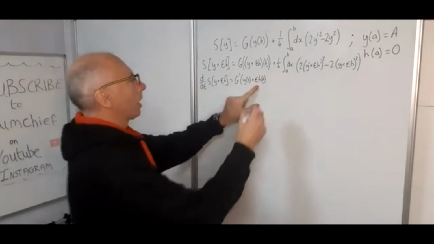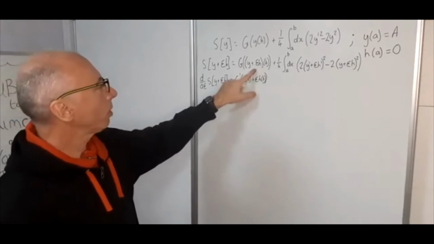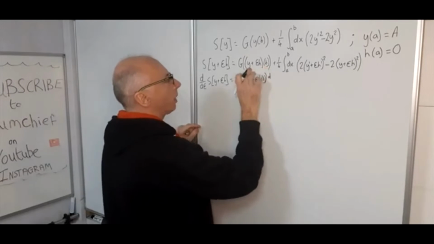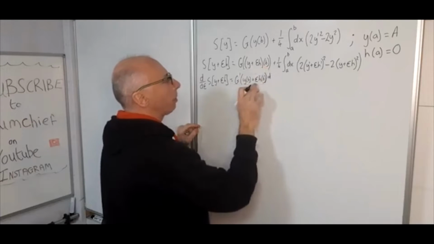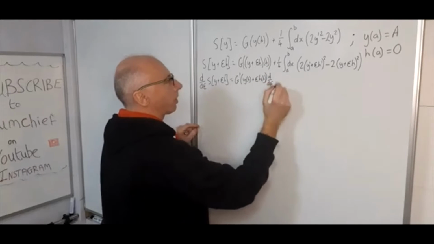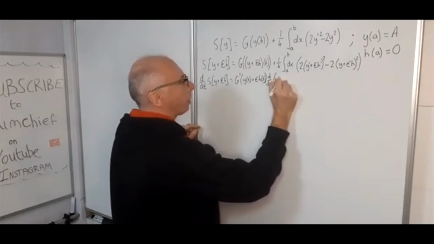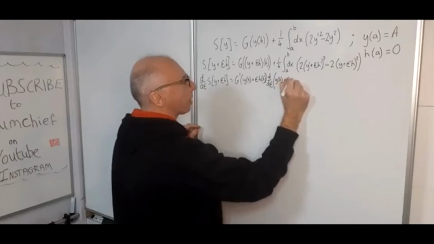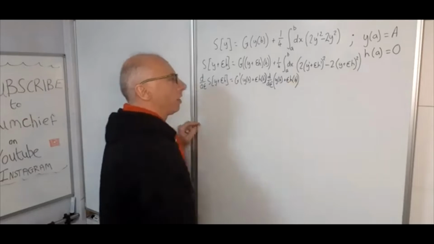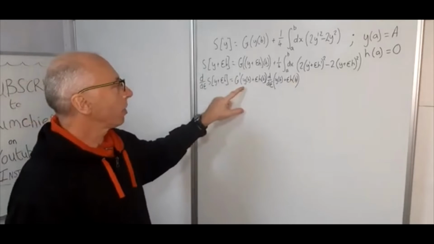So that's taking care of the outside part. And now by the chain rule, we need to take the derivative of the inside. So I'm going to put the b with each of these functions, so now we can see what's going on: the derivative with regards to epsilon of y(b) plus epsilon h(b).